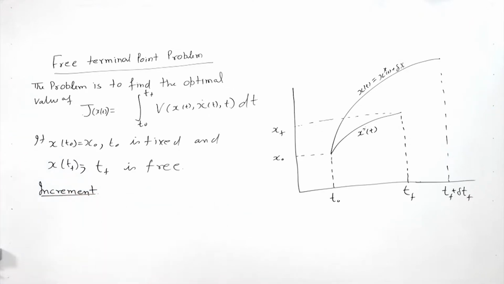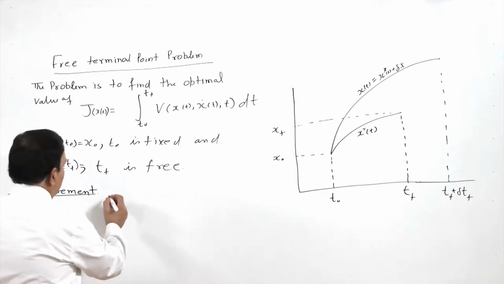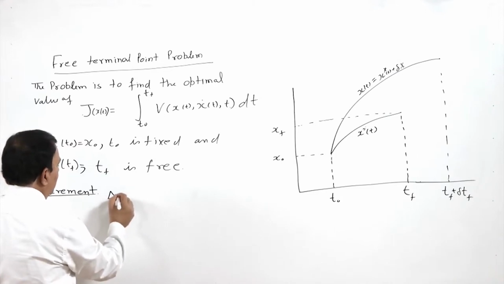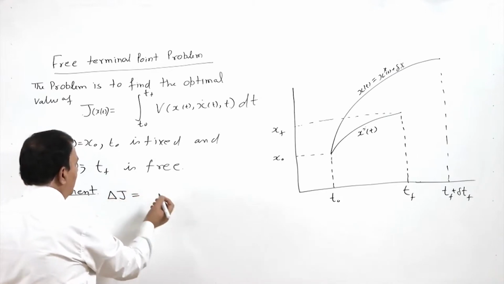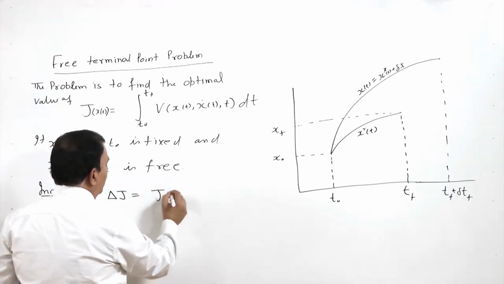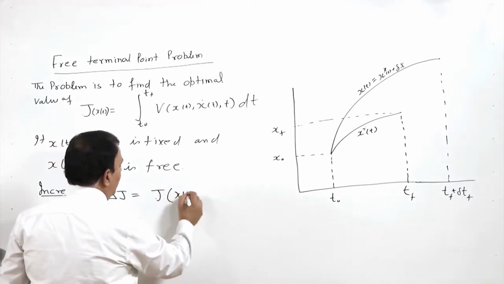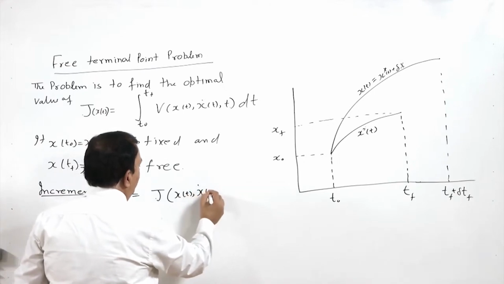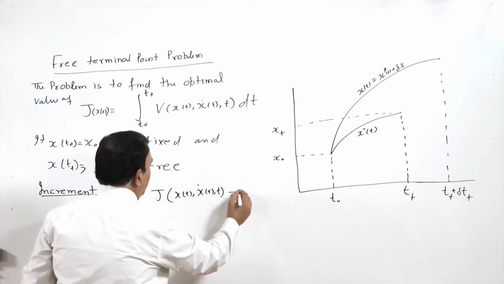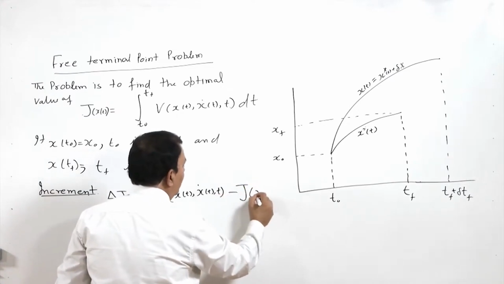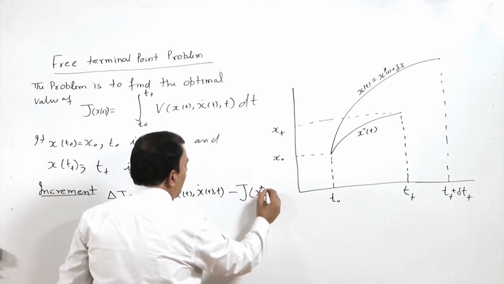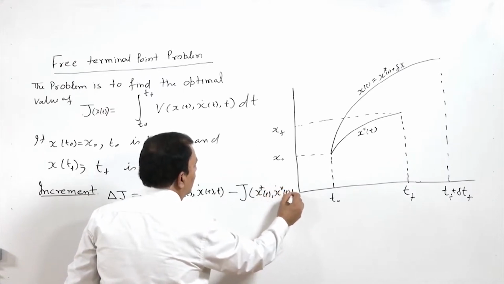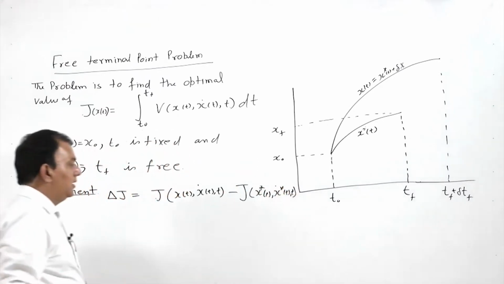So, our first step is to find the increment. How do we define the increment? Delta J is the value of J at x(t), x dot of t, t, minus the value of J at x star of t, x dot star of t, t.